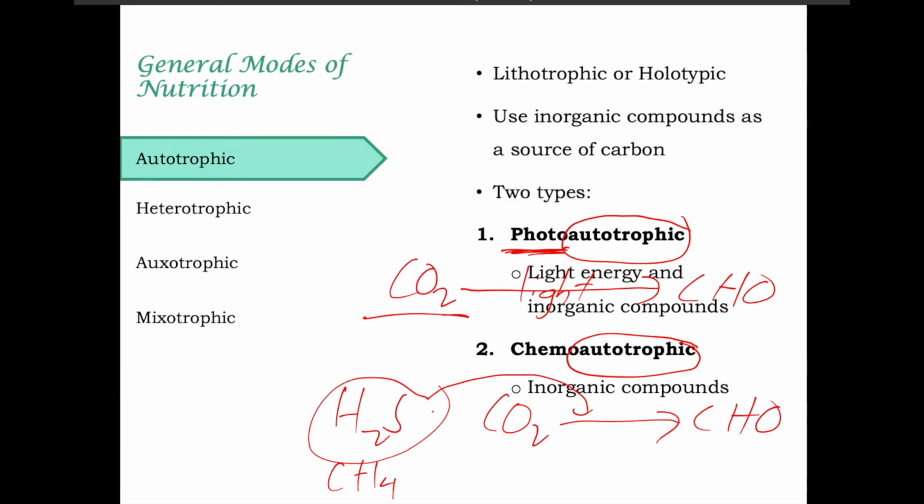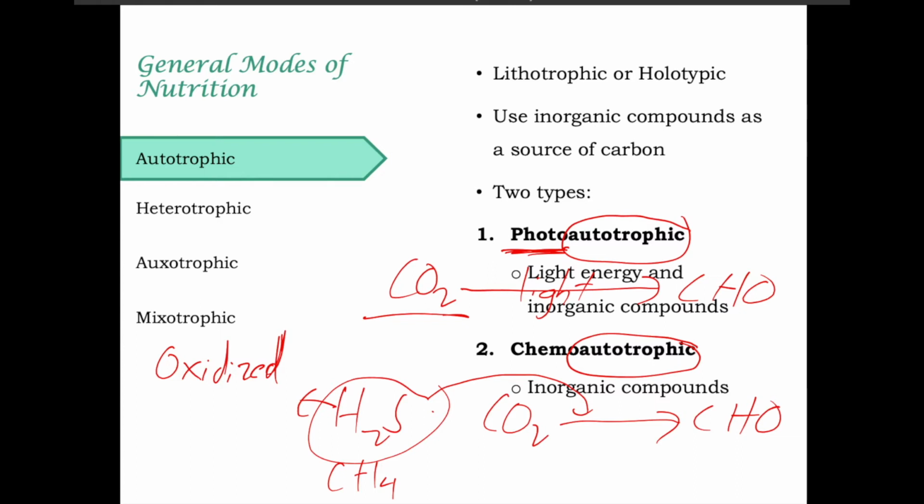For your chemoautotrophic organisms, remember this energy source right here, your hydrogen sulfide or your methane, can be oxidized. You can get electrons from this energy source. When you use those electrons, you funnel them to your sugar, and you can produce ATP.